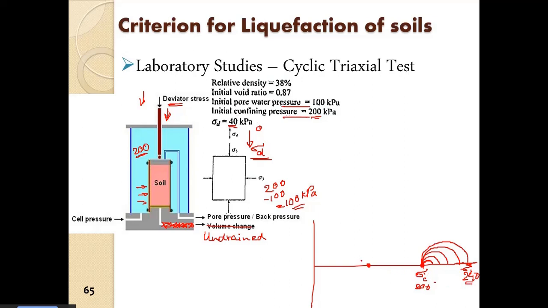Now what about the mean stress? As the deviator stress goes on increasing, the mean stress will also go on increasing. So at this condition, we have sigma c and sigma 1 of 240.